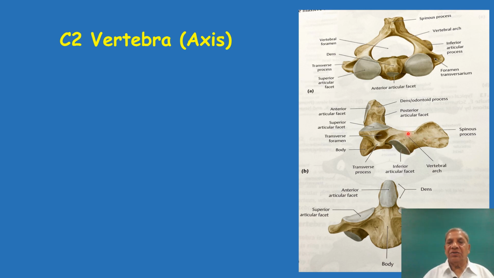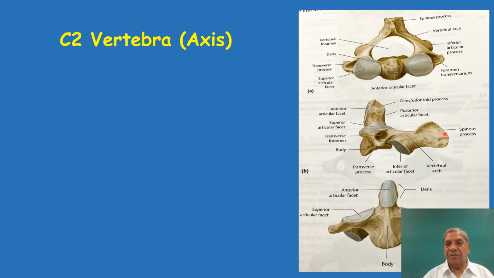Then he can ask you which is the thickest lamina among all the cervical vertebrae. You say that the thickest lamina is that of the C2 vertebra, and the spine is not bifid as such, and it is mostly quadrilateral and strong, or just the beginning of the bifurcation can be seen in the spine of the C2 vertebra.